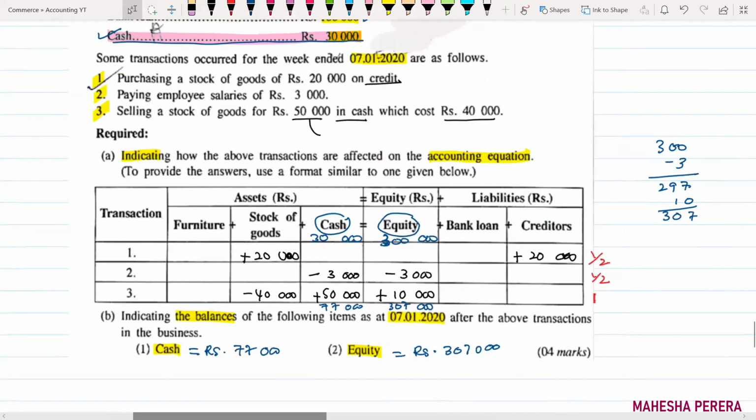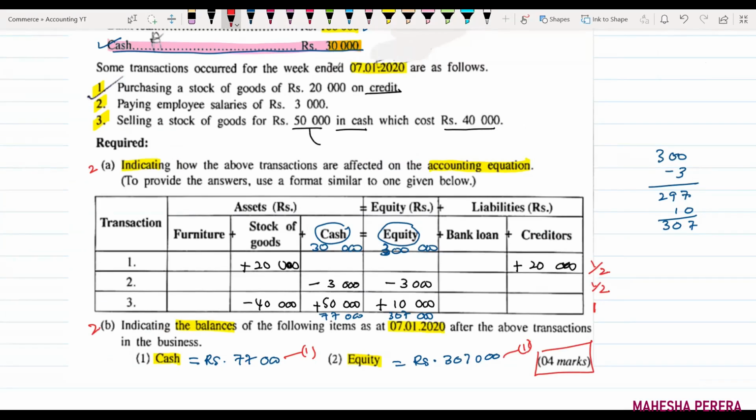So here 1 mark, and here also 1 mark. Altogether 2 marks for B, and for A 2 marks. So the total marks are 4 marks. Okay, right, that's it.